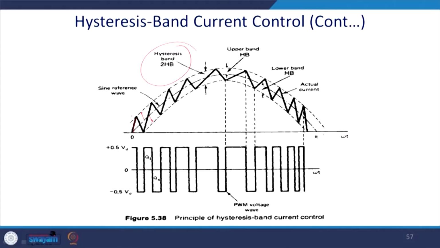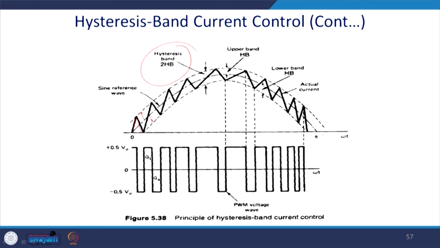So, what happens here? At this point you go off, and since the upper switch is on, the current will increase in the positive half cycle and thus it will hit the band, and ultimately the upper switch will be turned off. Generally the current gets a path through the diode to flow and it will come down.